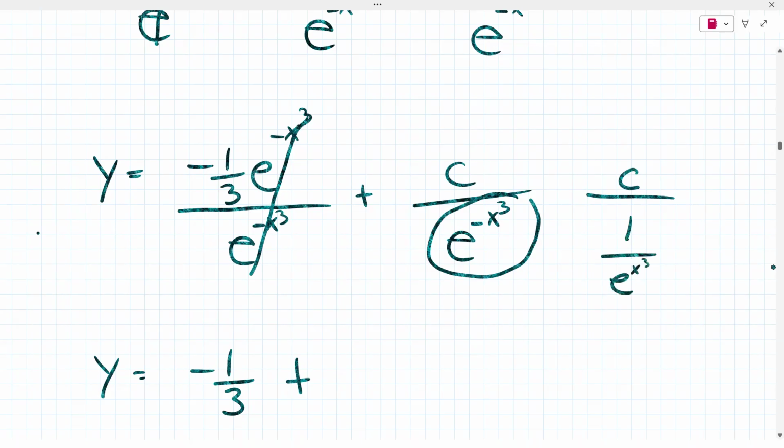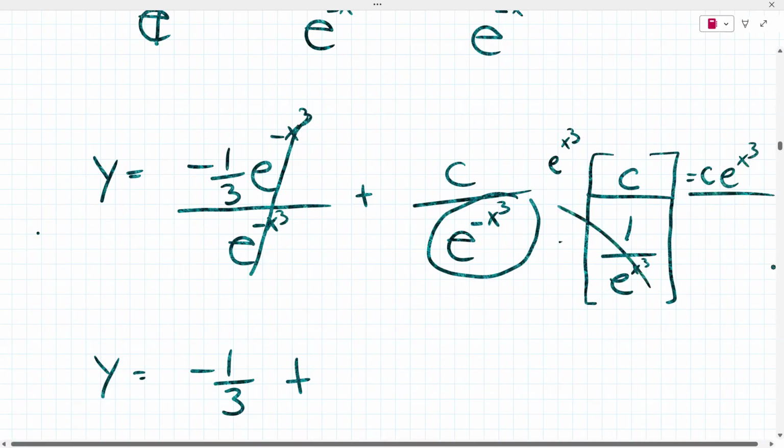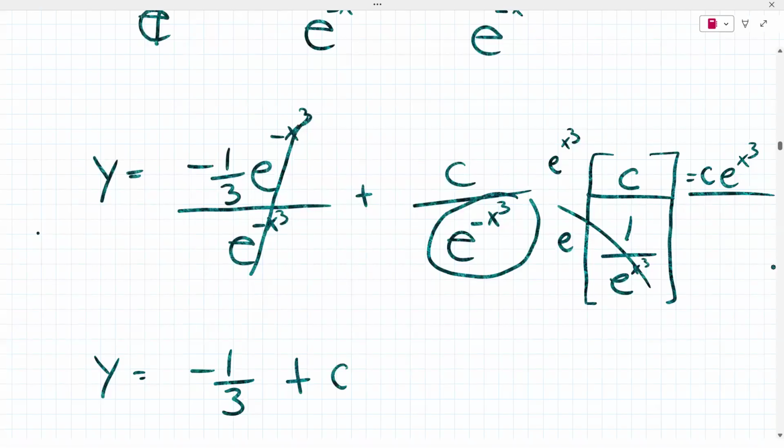And then you have what's called a complex fraction, and you would have to multiply both sides by e to the x cubed. So now you get c e to the x cubed, and on the bottom, this cancels, right? Because you're doing it to both sides. So this simplifies to c e to the x cubed.